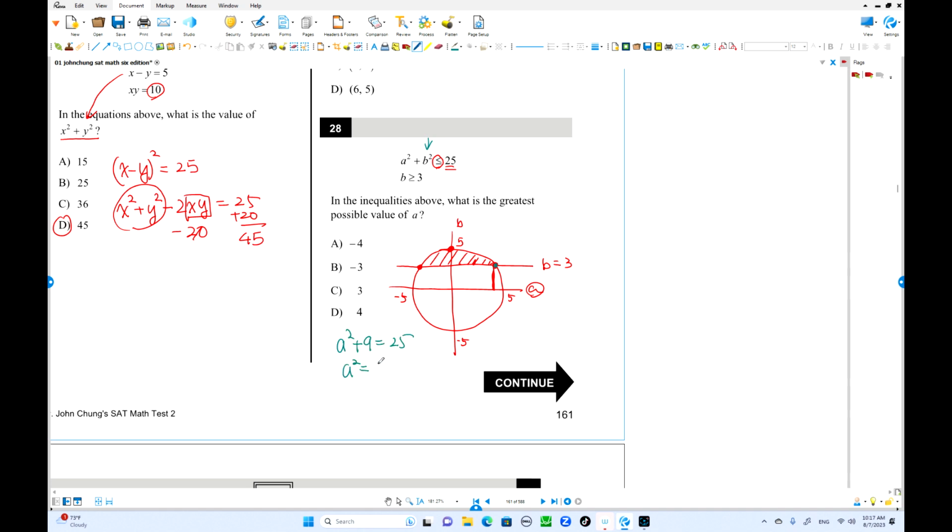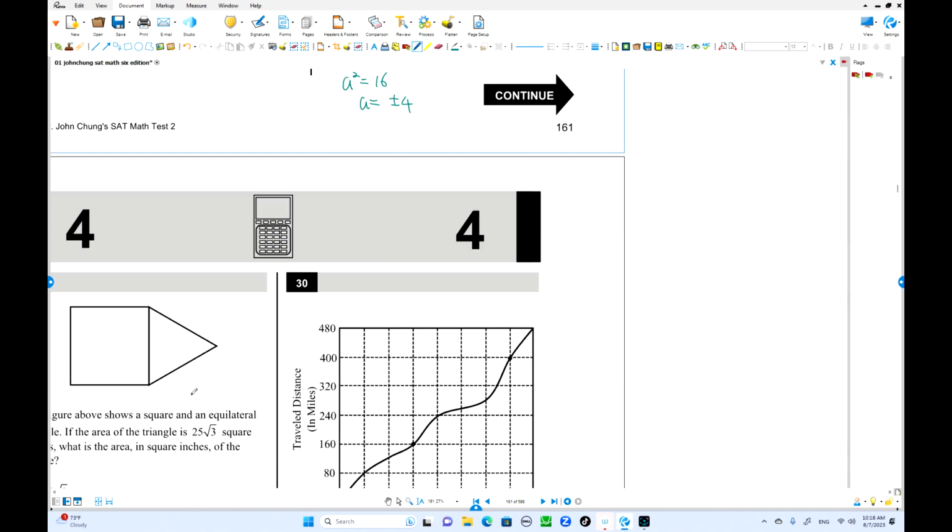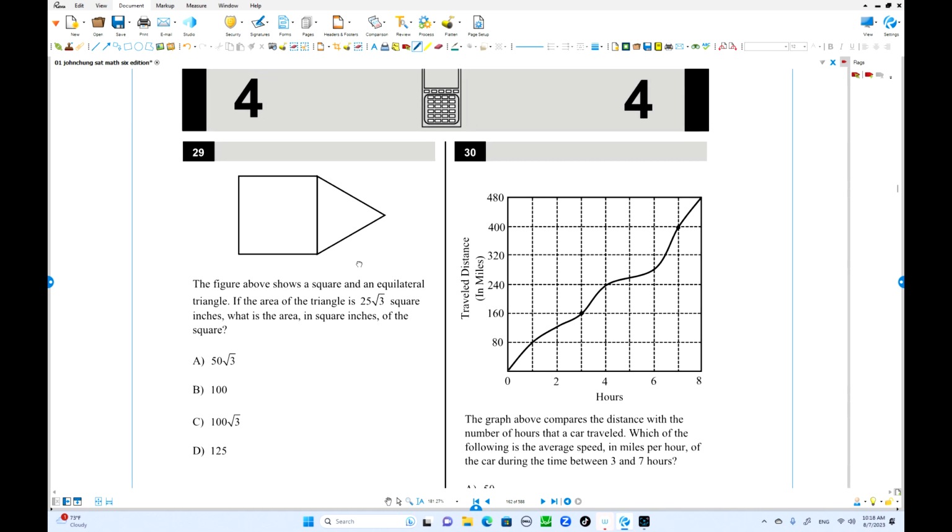A squared is 16. A is plus or minus 4, right? So we have 4 over here, negative 4 over here. That is the value of A. If the x coordinate is 4, the y coordinate is still 3. So the answer is 4. Okay, we move on to number 29.